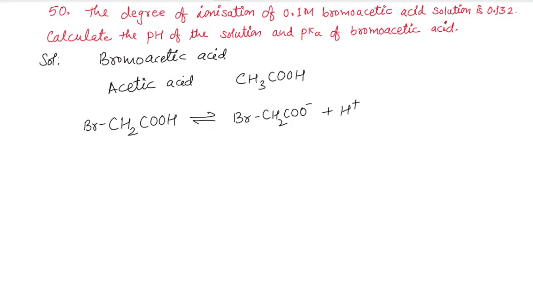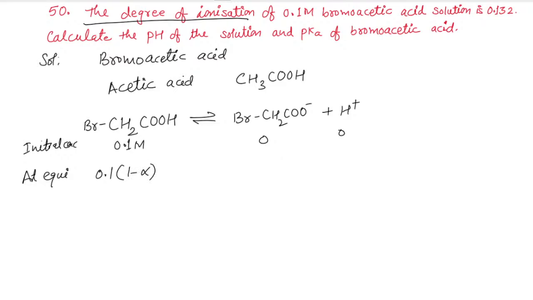It is a monobasic acid. So the initial concentration is given to us, that is 0.1 molar, and the products are 0 initially. Now at equilibrium it is 0.1 minus X. Because the degree of ionization is given to us, we should write it in terms of degree of ionization, that is 0.1 into 1 minus alpha, and 0.1 alpha, 0.1 alpha.